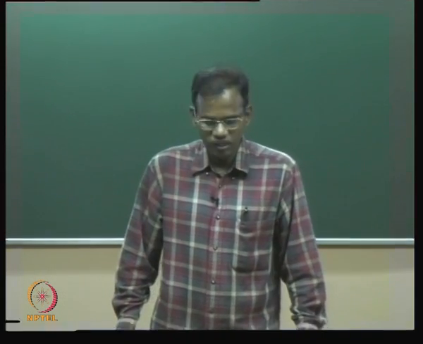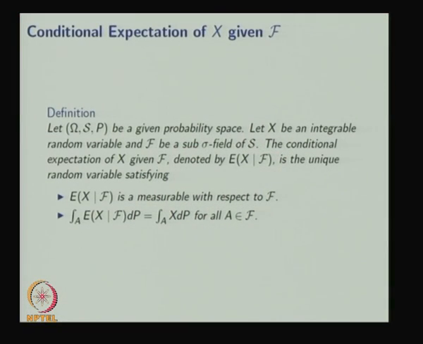Now, we see the definition of the conditional expectation of a random variable X given a sigma field F. Earlier we defined the conditional expectation of the random variable X given another random variable Y takes a value small y.